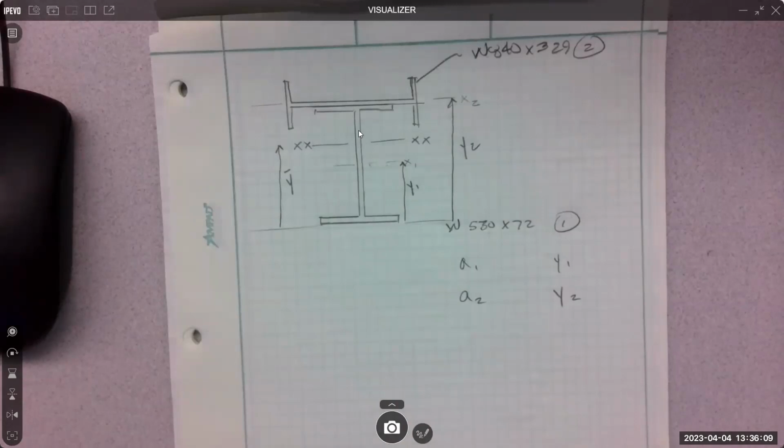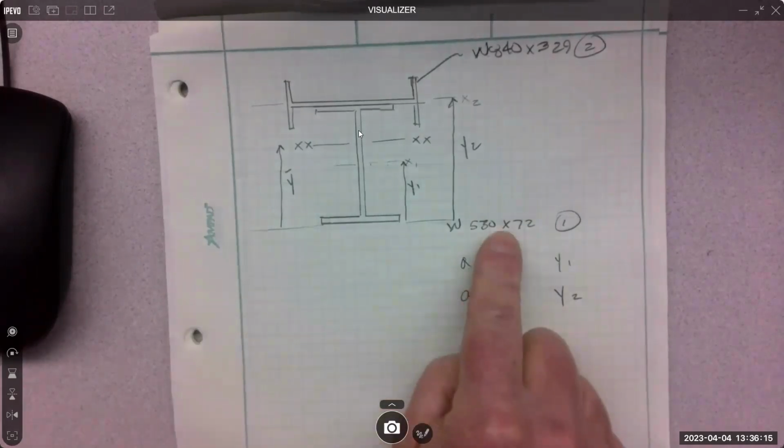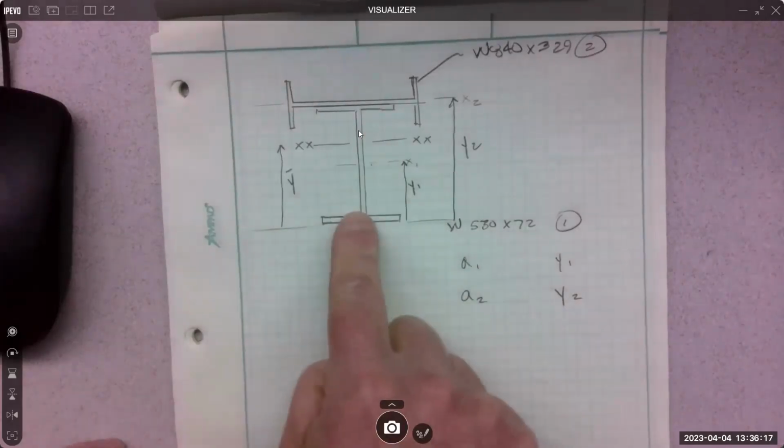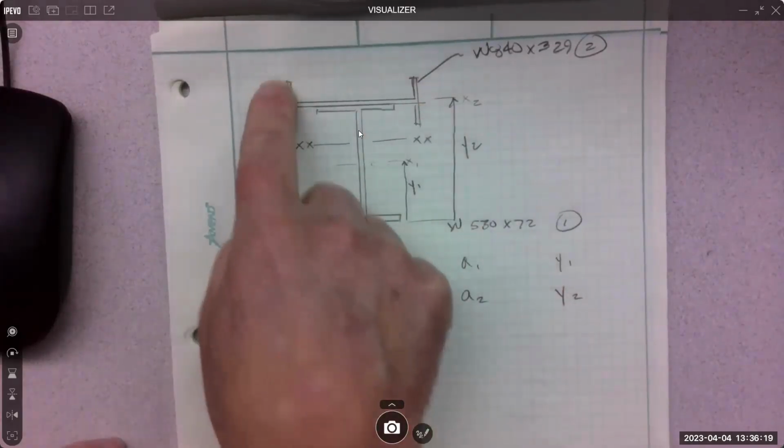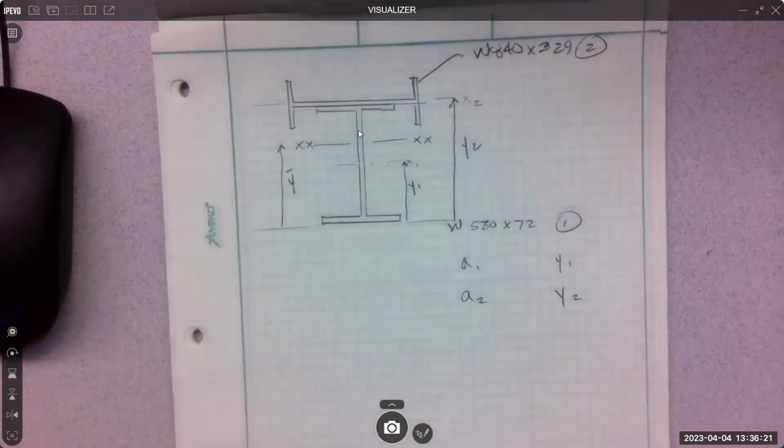What would the third shape be? We have a W shape. That's this thing. And we have a W shape. That's this thing. That's actually a pretty good question. I thought you were going to say an I shape because a lot of people call these things I-beams. W stands for wide flange.